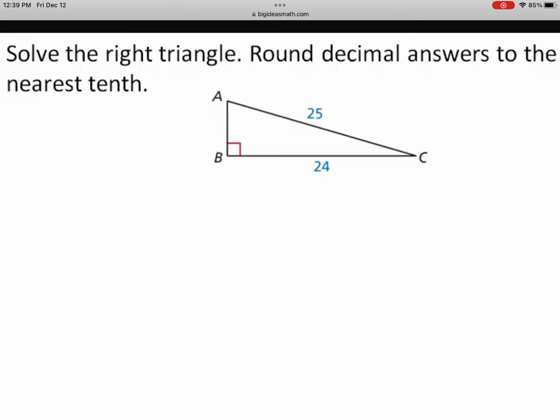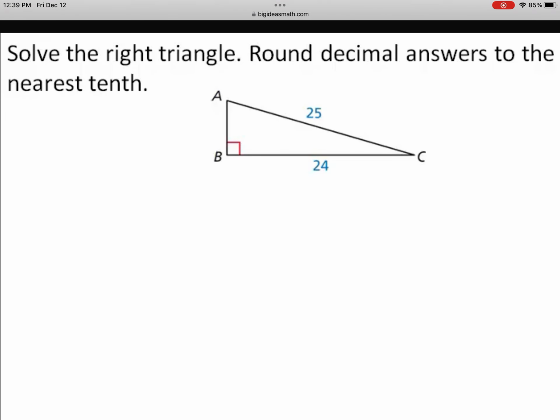Solve the right triangle. Round decimal answers to the nearest tenth. In order to solve the right triangle, you need to find the measures of angle A and angle C and the length of line segment AB. So let the length of line segment AB be c.